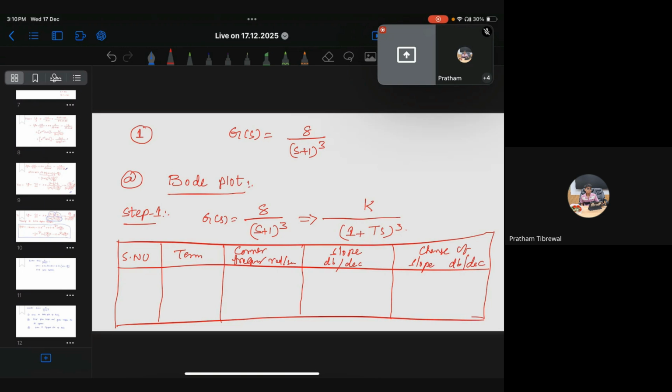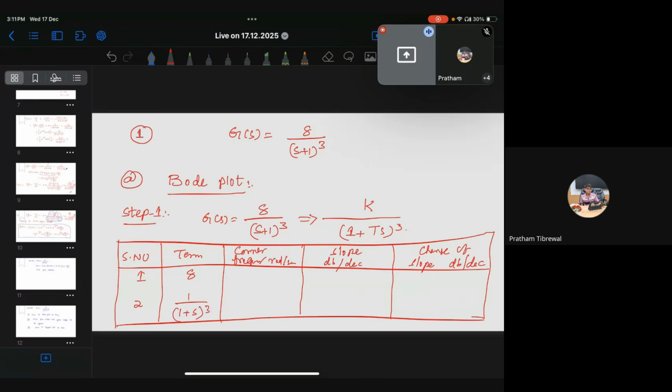So let's see how many terms we have. We have the first term as 8, and the second term as 1 by s plus 1 whole cube, or we can write it following the standard notation, 1 plus s whole cube.